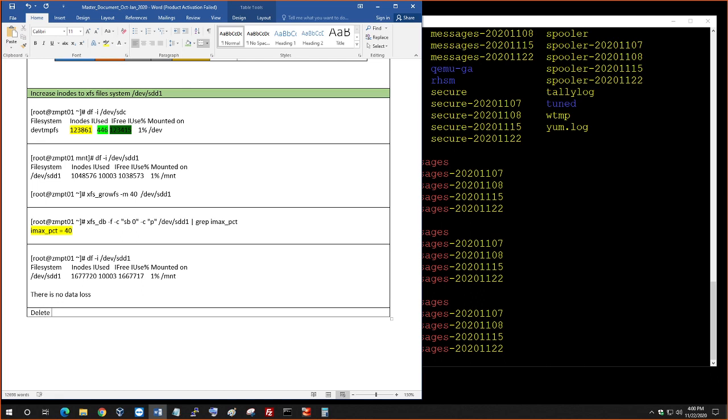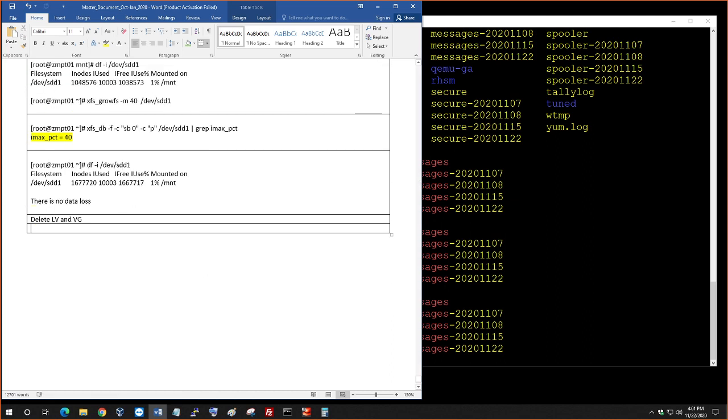Delete LVM, logical volume, and volume group. Okay, so the use case scenario for this is decommissioning of physical hardware.